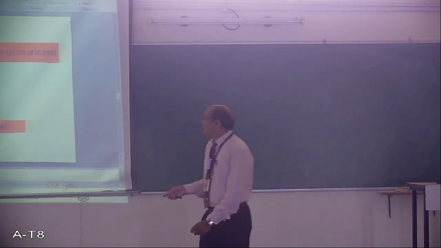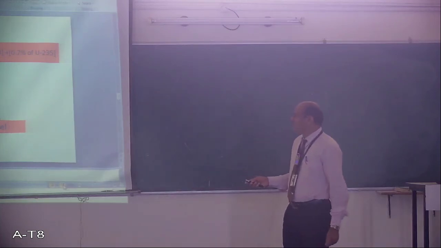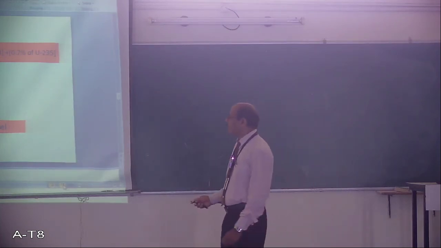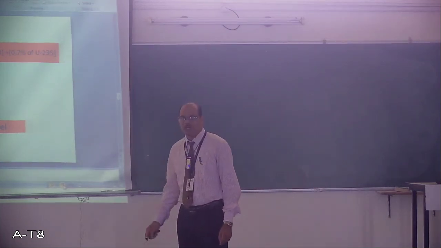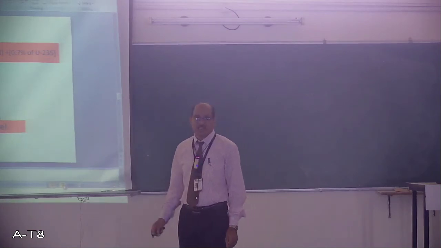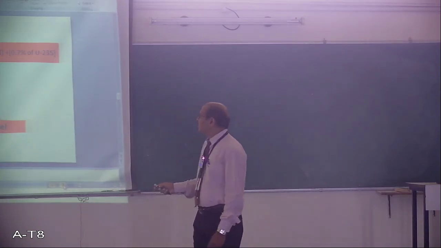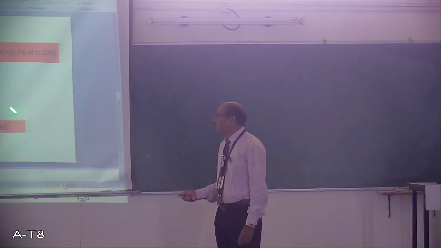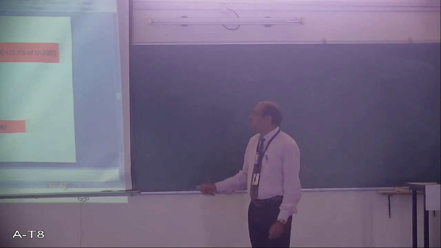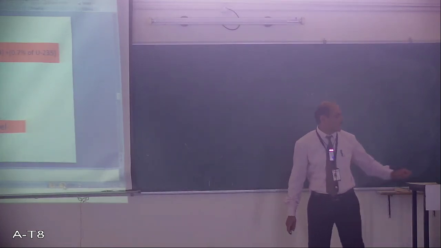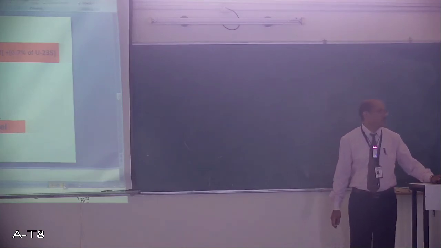So enriching means increasing the uranium 235 content up to 3% in the natural uranium. Such enriched natural uranium itself is the fuel, and it has to be used in the reactor as the fuel.